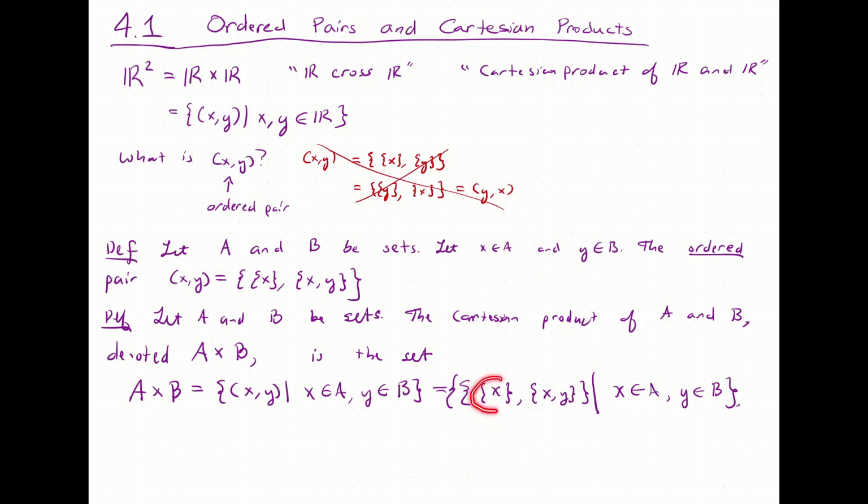And so the set containing x comma y. And so those are the actual elements of the Cartesian product.